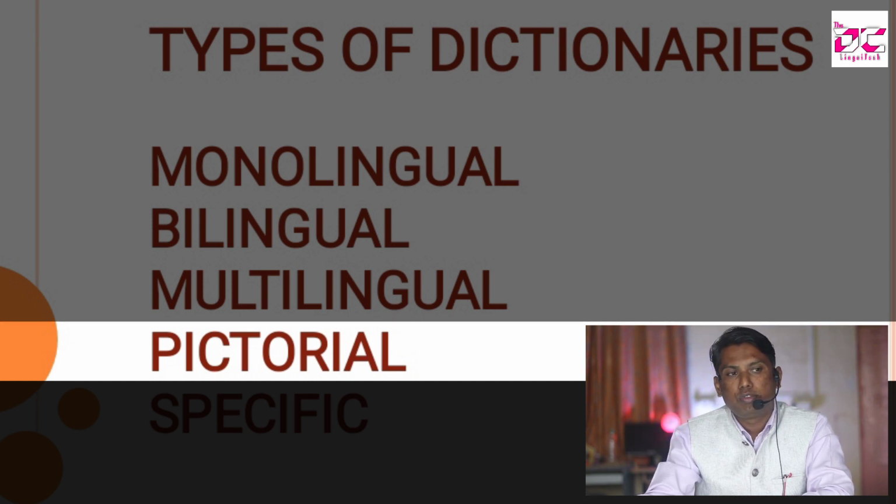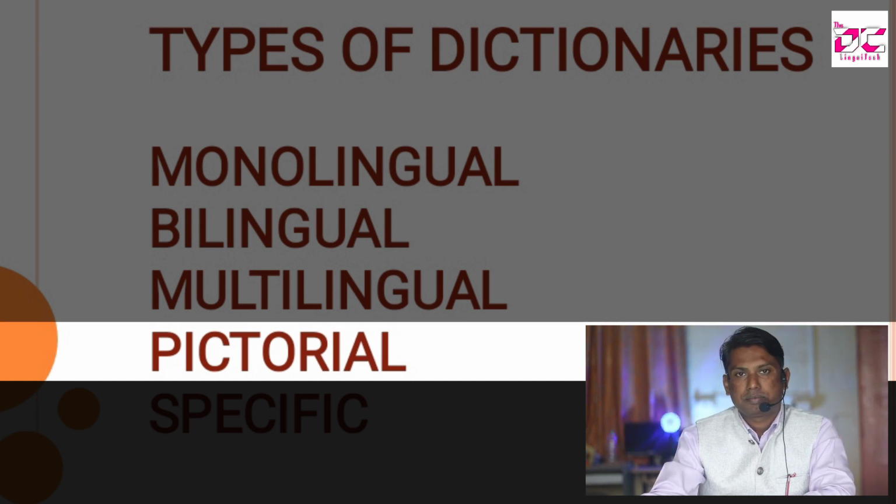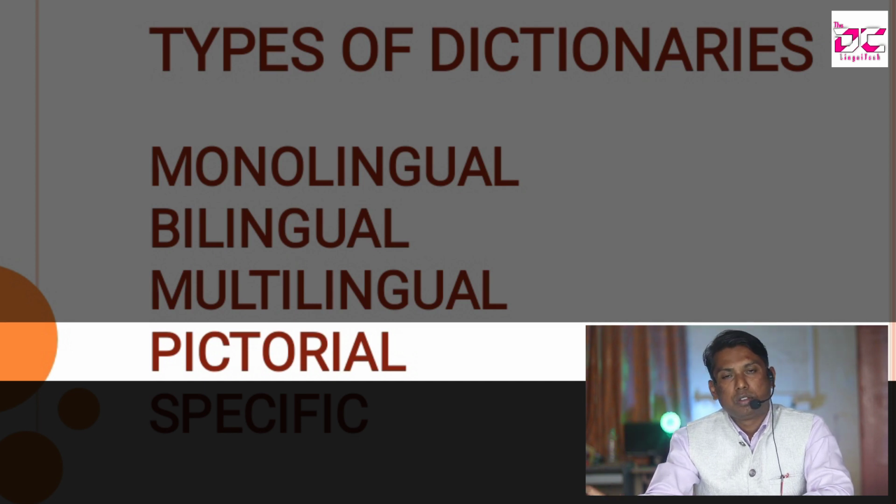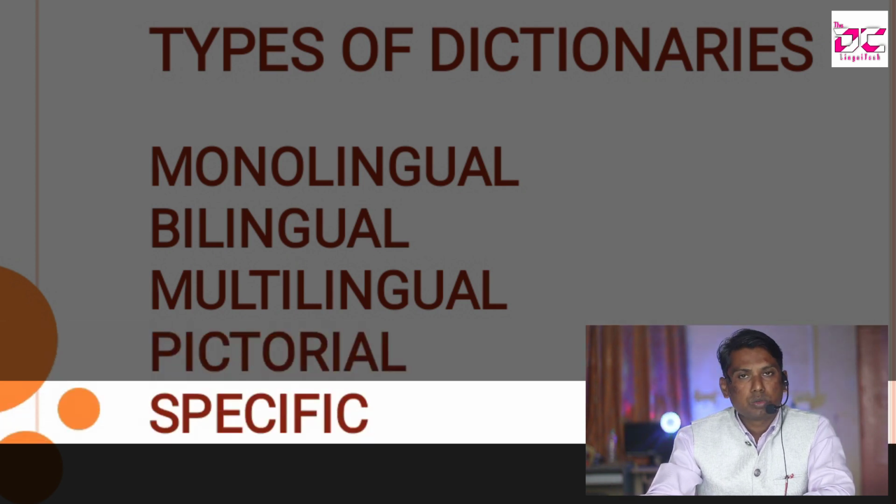Throughout the dictionary you will find the pictures and their parts, like the Oxford Illustrated Dictionary. And the last one is the specific dictionary, where each and every subject in the world has its own dictionary, like a Dictionary of Economics, Political Science, English, Computer, Linguistics, Law, and all the subjects.